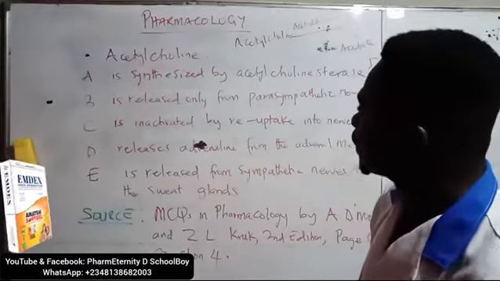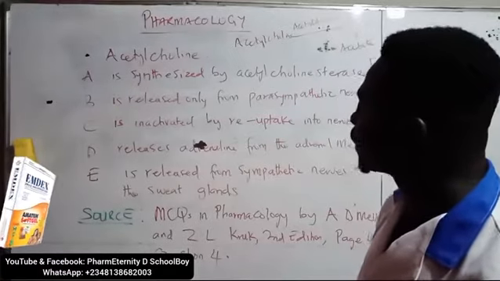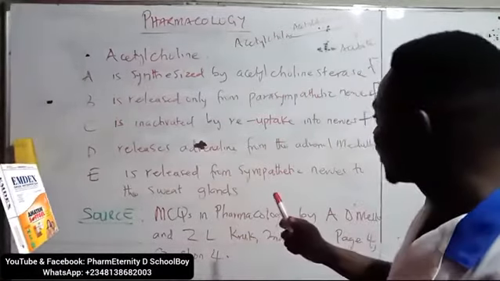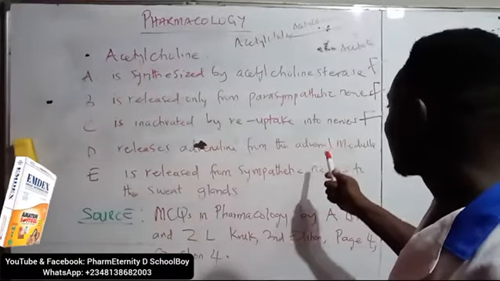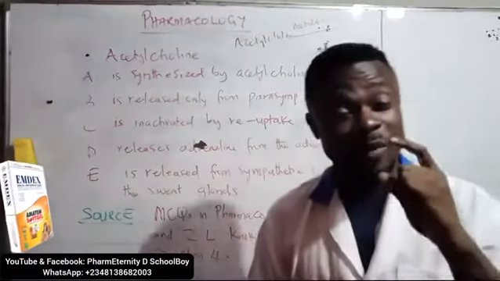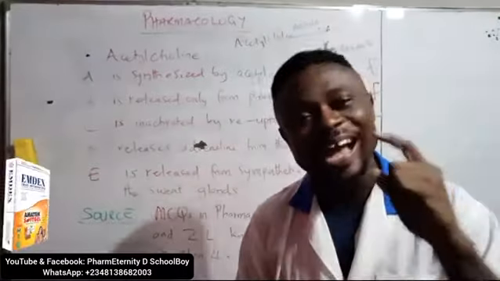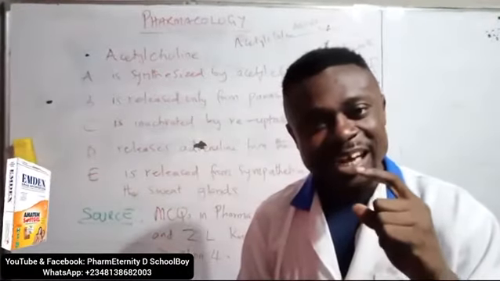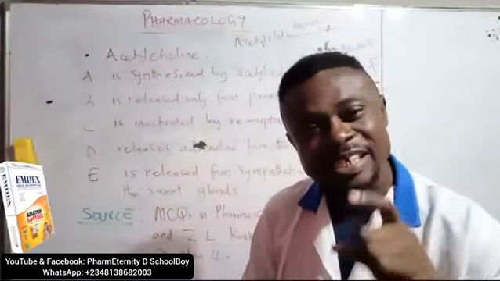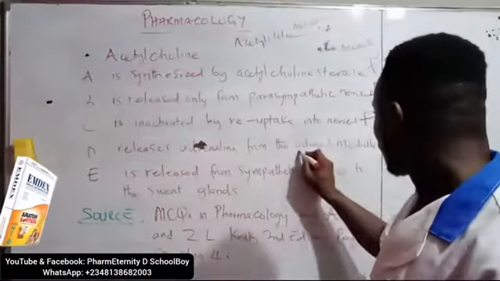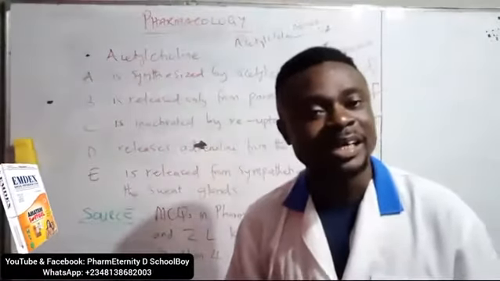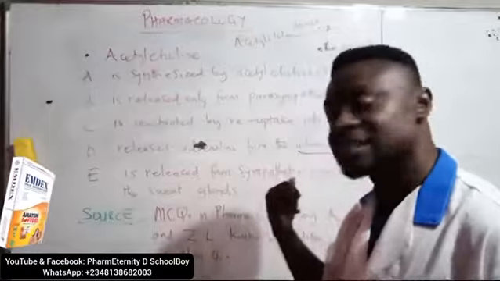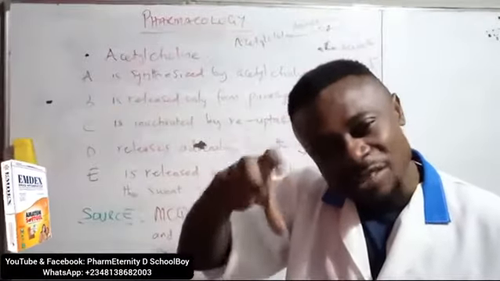Let's go to option D. Option D says that acetylcholine releases adrenaline from the adrenal medulla. Acetylcholine actually acts on nicotinic receptors on the adrenal medulla.